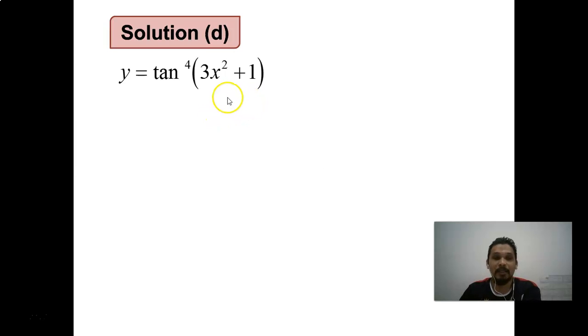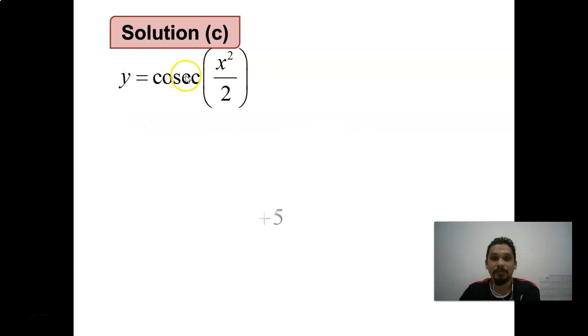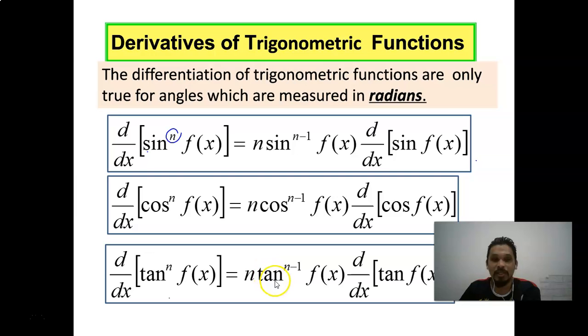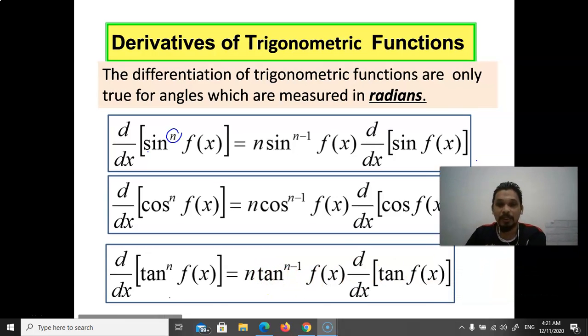Okay, now for this one here, y prime or dy/dx. As I said, for this kind of question, look at this one here now: tangent to the power of n times f(x).